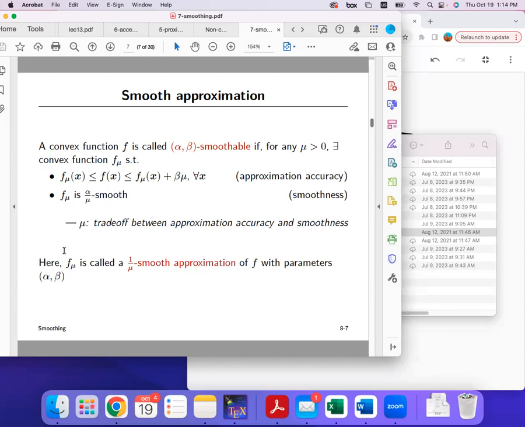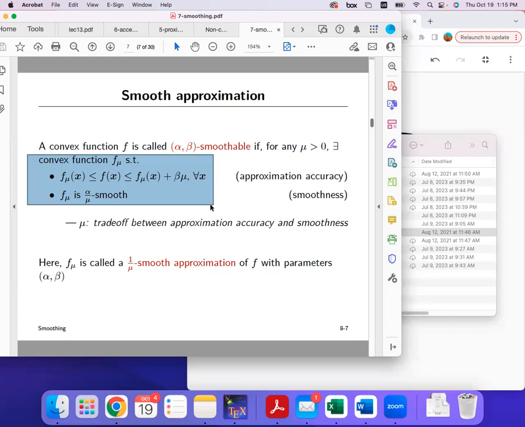And sometimes we call this f mu a 1 over mu smooth approximation of the function f with parameters alpha and beta. But essentially, we're just looking at these two quantifiable conditions. So this is only a definition.